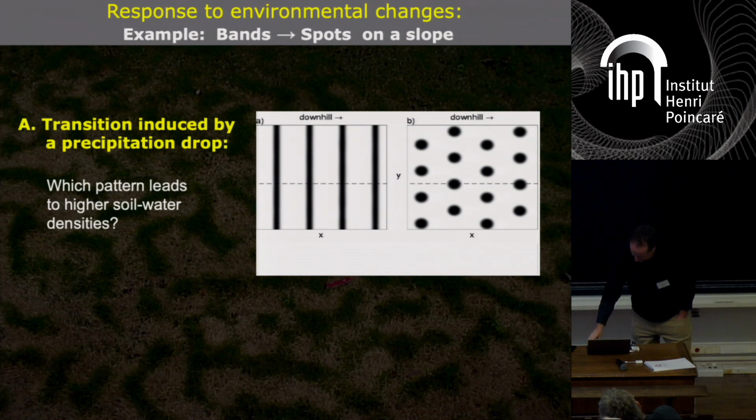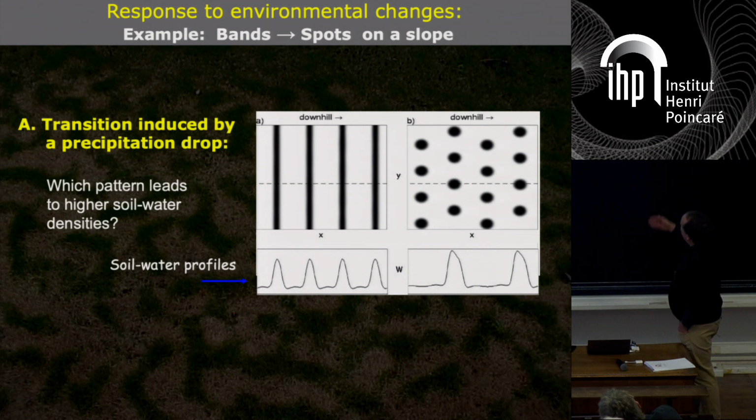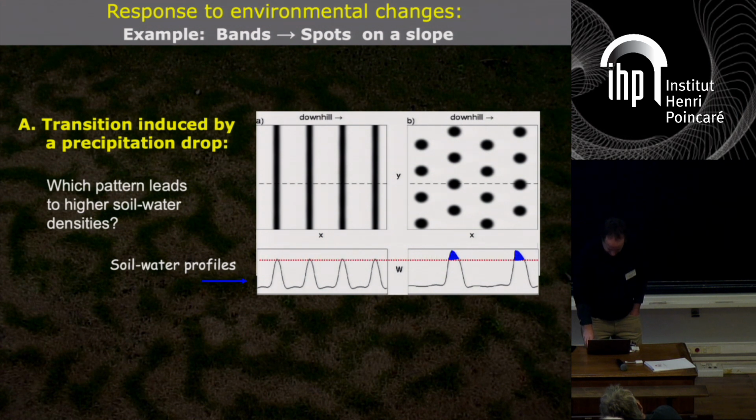What is interesting is that if we look at something of interest to other species in these dryland ecosystems, like soil water profiles under the patterns, you discover that one of the two patterns, in this case a spot pattern, is characterized by a higher level of soil water underneath.